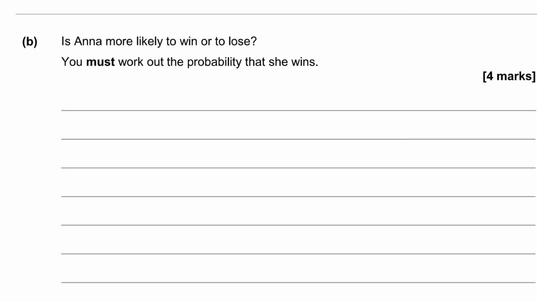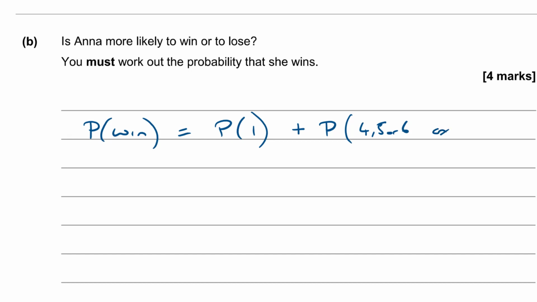So I'm going to say probability of win is equal to the probability of getting a 1 on the first row plus the probability of getting a 4, 5, or 6 on the first row and odd on the second row, isn't it? Okay.